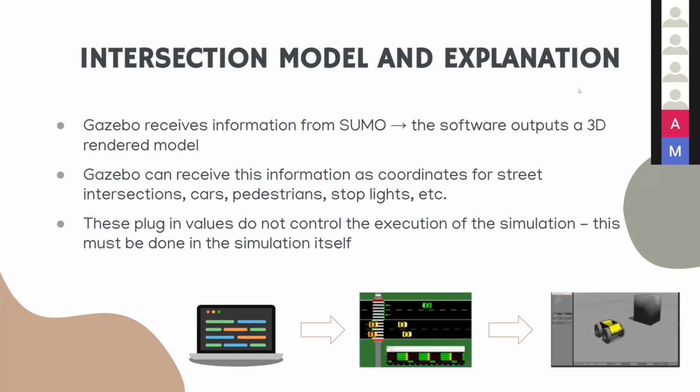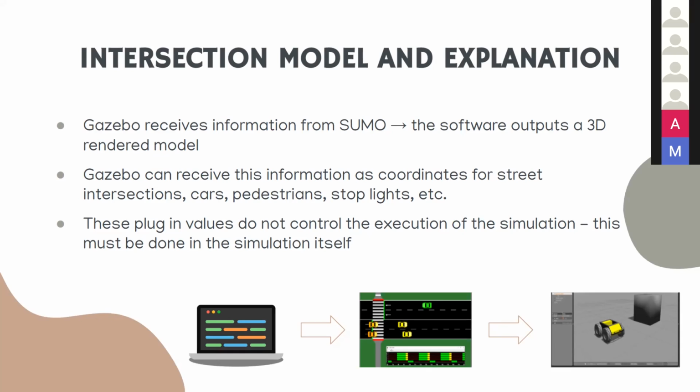So, the intersection model and explanation. The intersection model was designed from input data from technologies employed such as Sumo and Gazebo, as mentioned earlier. To reiterate, Gazebo reads the information given by Sumo, such as 3D coordinates for street intersections, cars, pedestrians, traffic lights, and more information on these specific objects is yet to come.